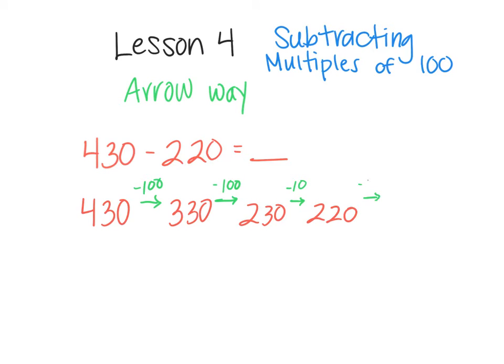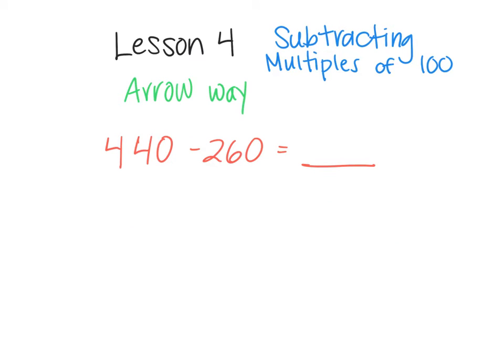Take away one more 10, gets me to 210 because I took away a 1 from this tens place, and then I had to take away a 1 from that tens place, and that gets me my final answer, which is 210. Okay, so in this one, I took away 100, 200, 210, 220, which is what was being asked. So this is the arrow way going backward with subtraction.